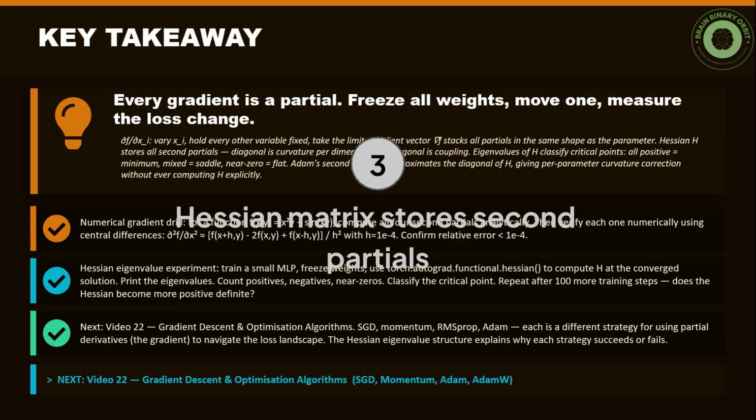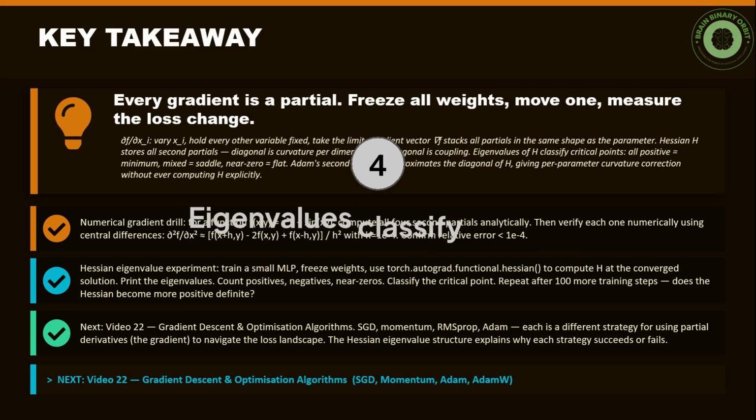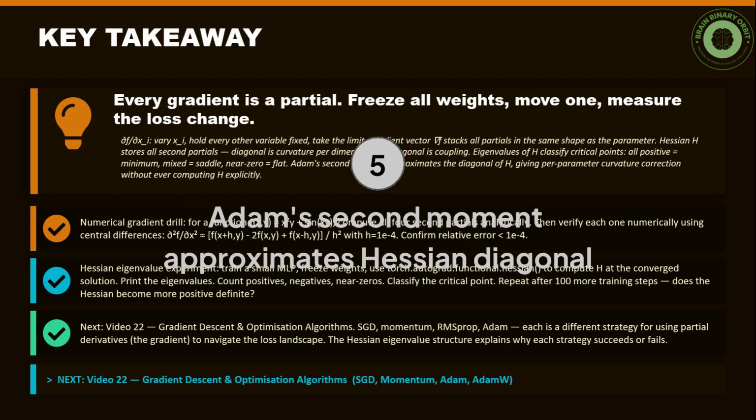The Hessian H_ij stores all second partials, symmetric if C2. 4. Eigenvalues of H classify critical points. Positive definite is a minimum, mixed is a saddle, near zero is flat. 5. Adam's second moment approximates the diagonal of H for curvature correction.